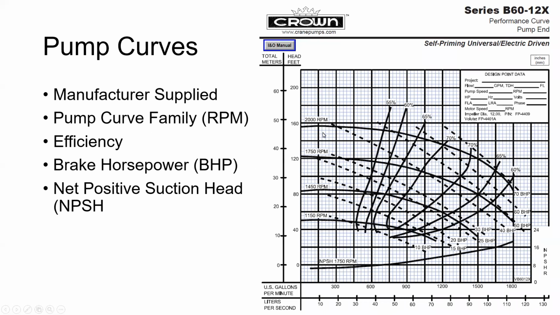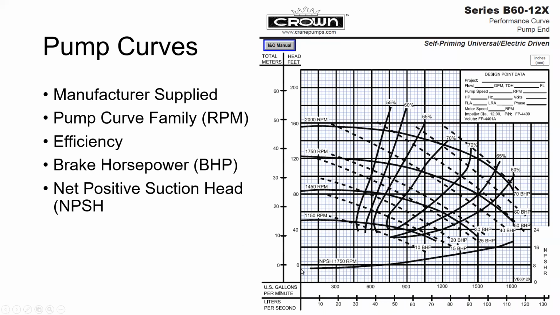We've got the efficiency, or sorry, it's these contour lines right here. So in this case, you basically have contours of efficiency that work across the different pump curve RPMs. And then we also have our brake horsepower, which is the dashed lines. So all this information is being posted on top of itself.